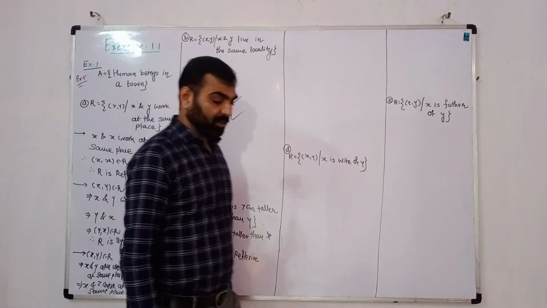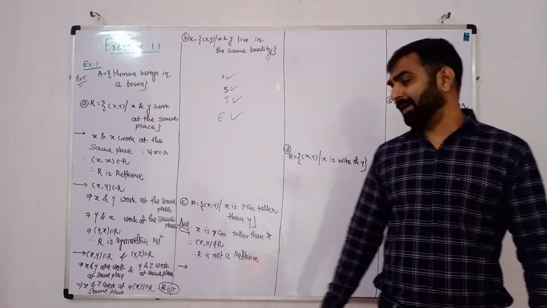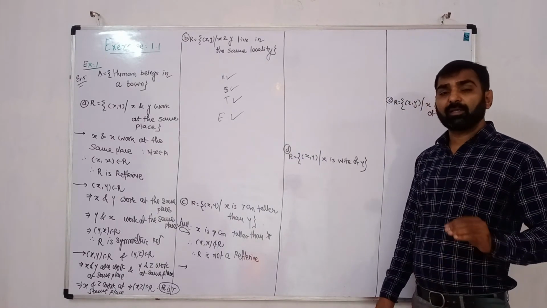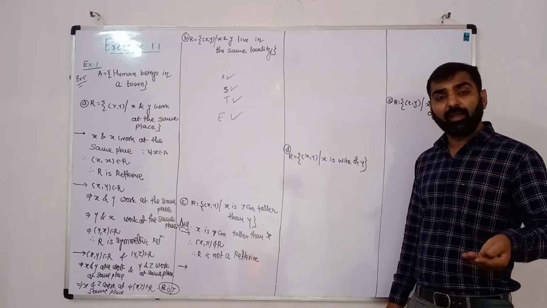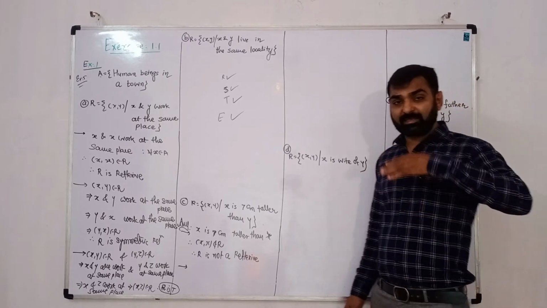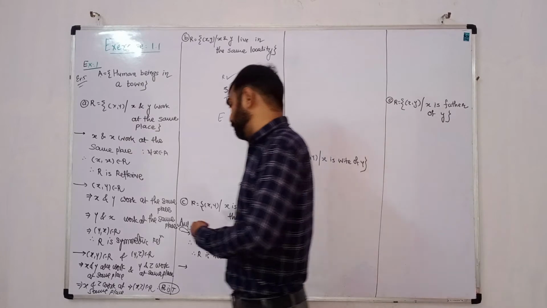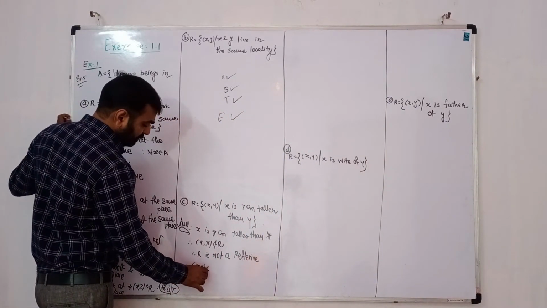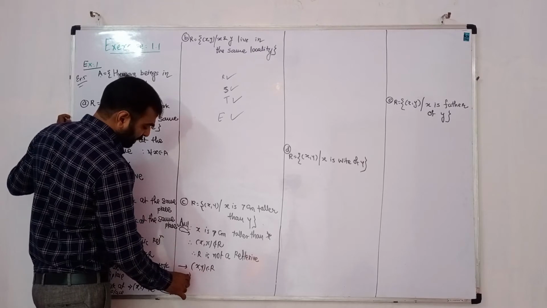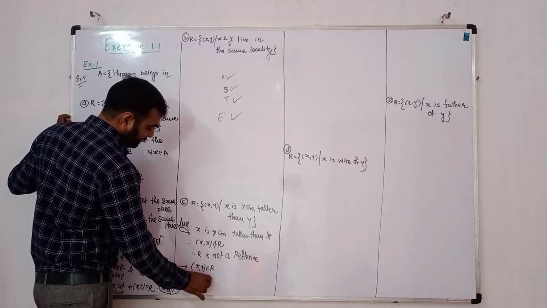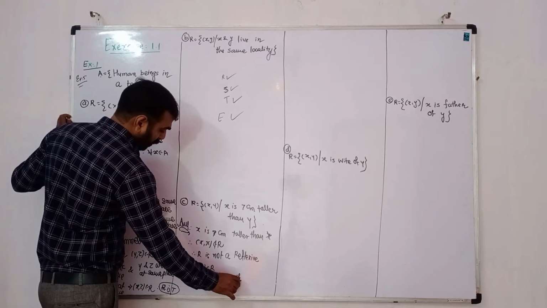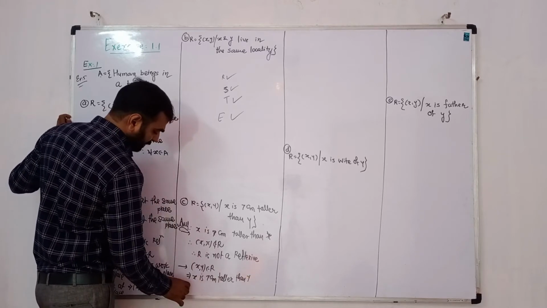Now it's time for symmetric. Symmetric के लिए क्या लिखेंगे? (x, y): x is 7 centimeter taller than y. तो (y, x) यानी x के बदले y और y के बदले x लिख के बोलो। जैसे (x, y) belongs to R, उसका मतलब x is 7 centimeter taller than y.